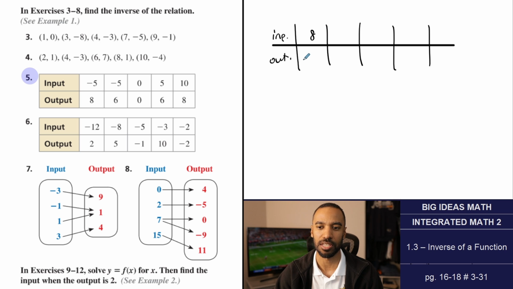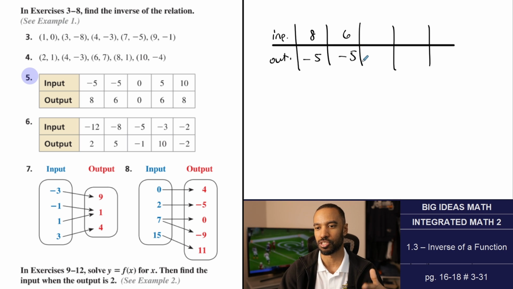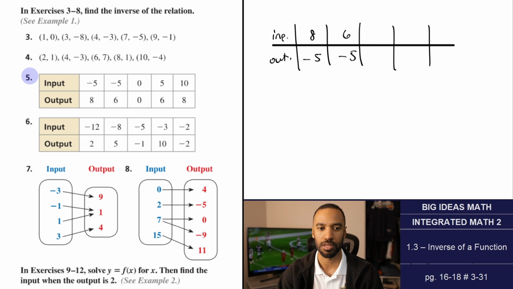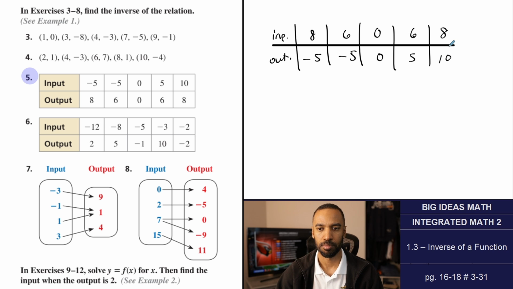So this will be 8 as the input, negative 5 as the output for its inverse. And then 6, negative 5. You might as well just go across instead of doing this. So see where it says 0, 6, 8 on the bottom? I'm now going to put 0, 6, 8 on the top. And as long as you organize the rest, the others will be 0, 5, and 10. Probably a little faster if you know those numbers there.